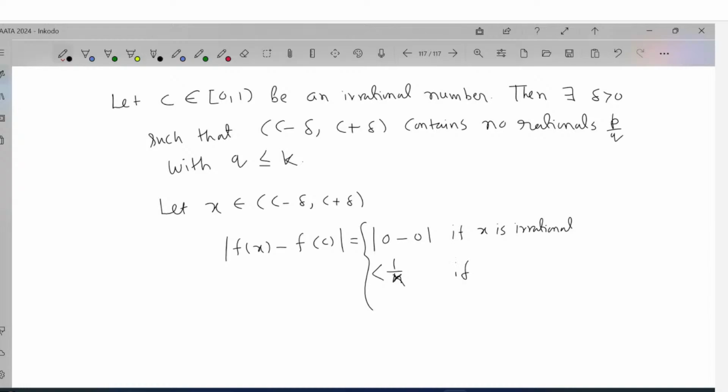Actually, in both cases you have the value less than 1 by k. So let me write it down in the following way, because we are writing the definition. If x is rational, of the form m by n, with GCD of m and n equal to 1, and n is greater than k.